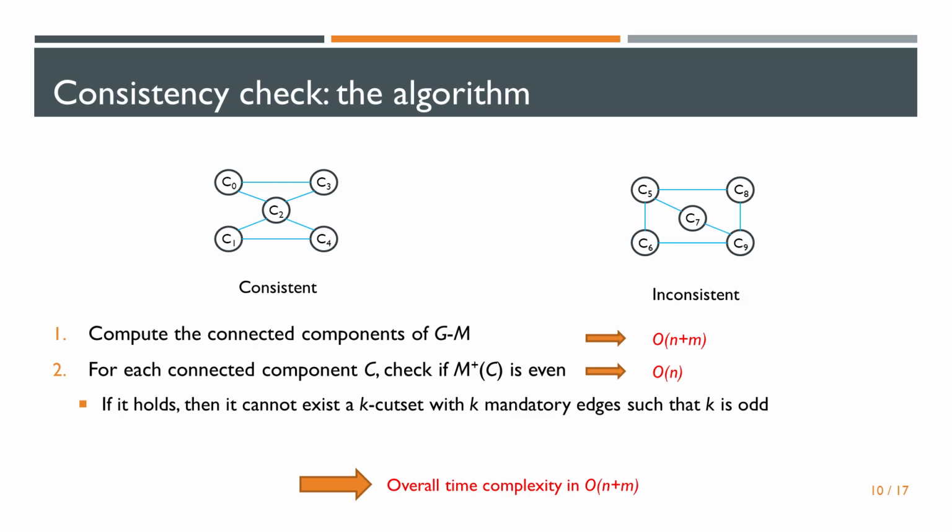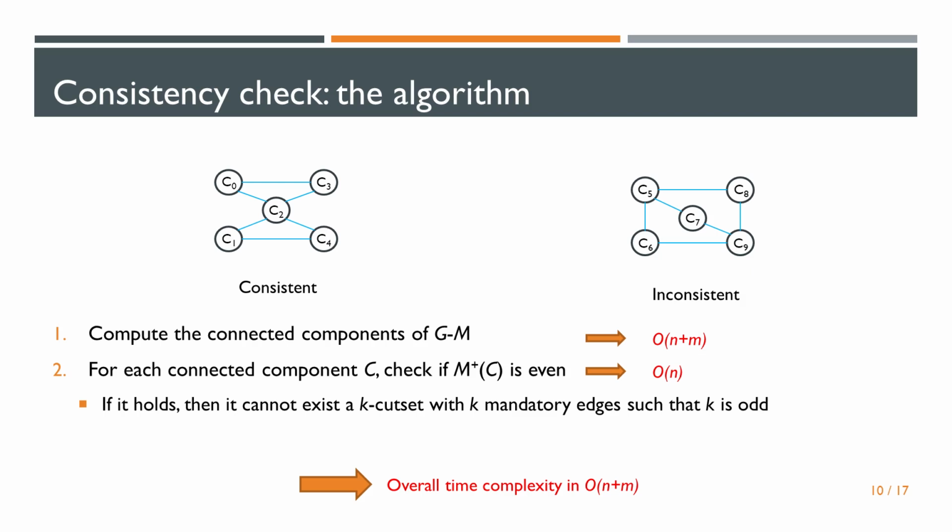So an even number plus an even number is an even number, minus the edges that have one endpoint in the first component and one endpoint in the second component. But these edges are counted twice, since they are counted first in the first component and second in the second component, so we have to subtract this number twice. So each merge of the connected components will create an even number of edges in the cutset.